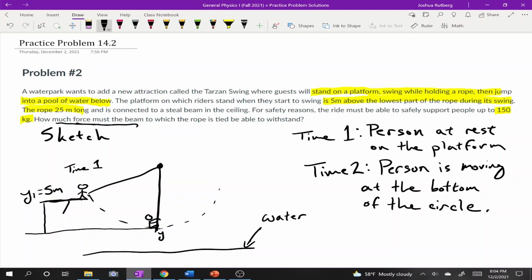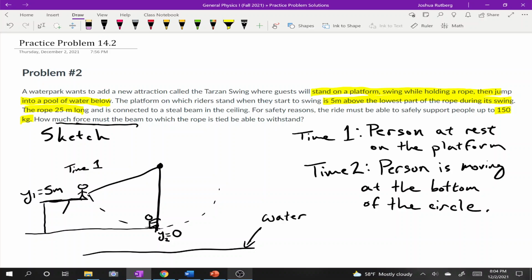So the height of the person at time 2, I'm going to make this my 0 point. I'm going to do that so that there is no gravitational energy at the bottom. It's all kinetic energy. That way my equations look a little bit nicer. I could make both of these non-zero. I could set the height of the water to be 0, and then this would be like 10 and this would be 15.